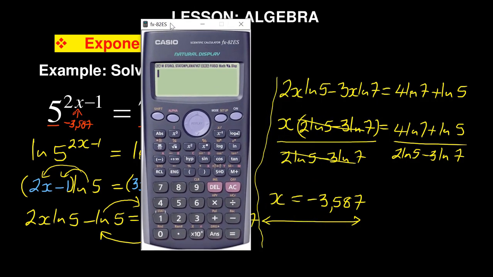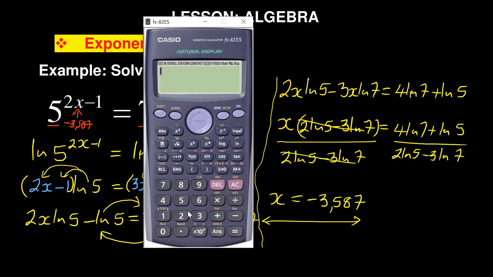on the left hand side, it's 5 to the exponent 2 times minus 3,587. Now remember, this is the rounded off, so it won't give you the exact values, but it will give you some answers which are different with a few decimal places.